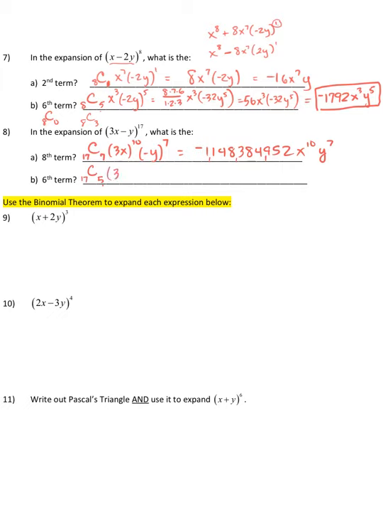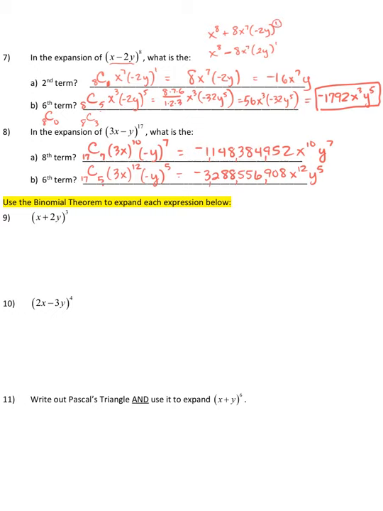It'll be 3x to the 17 minus 5 is 12th power, and it'll be a negative y raised to the 5th power. And when all of that is calculated, you get negative 3,288,556,908 x to the 12th, y to the 5th.